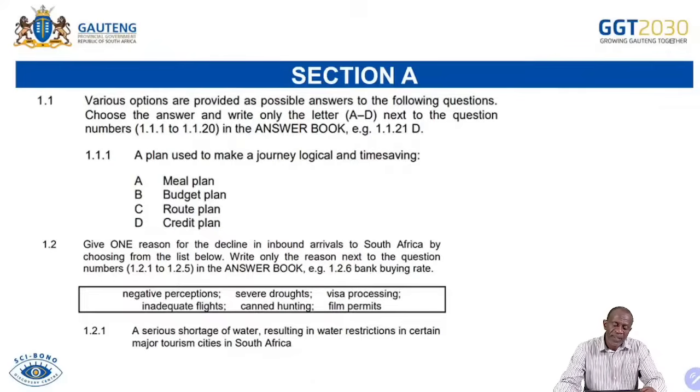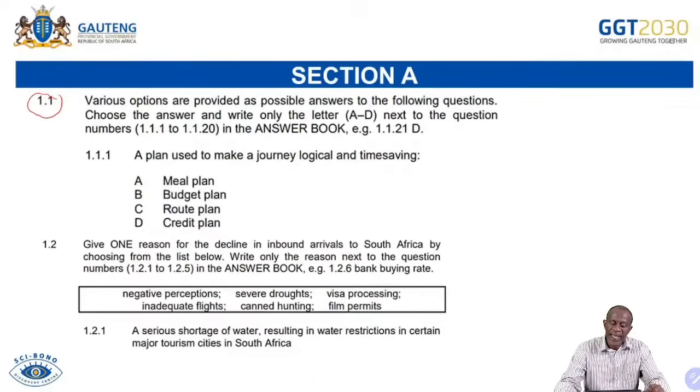As you can see, your multiple choice in your question paper is your question 1, and your multiple choice is question 1.1, where you'll get the statement which tells you how you should go about it. It says various options are provided as possible answers to the following questions.